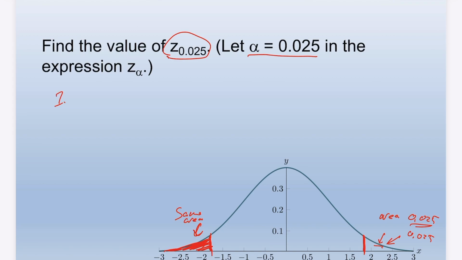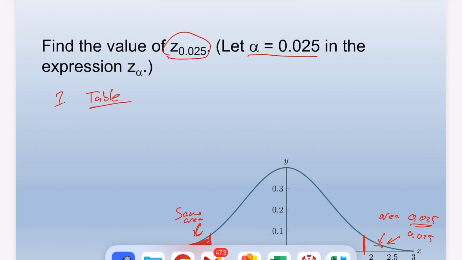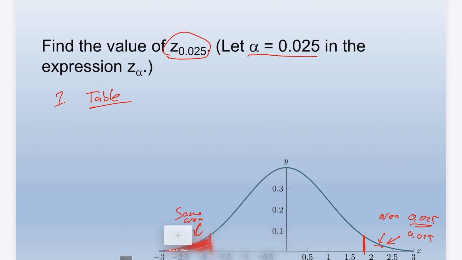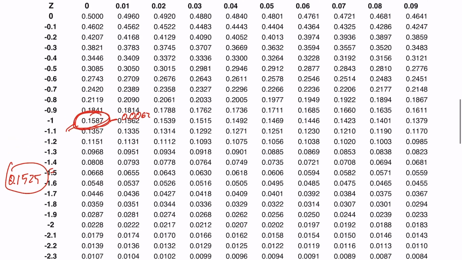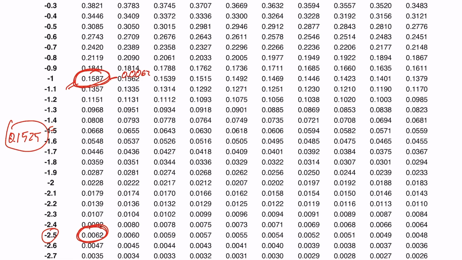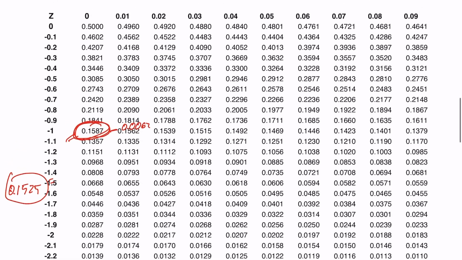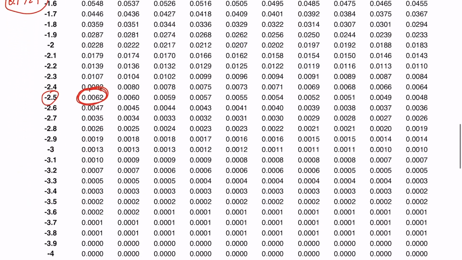So first we're going to use the table. Alrighty. So for the table, I go to other notability. Right there. All right, now I'm looking for, it's going to be negative, certainly, and the area is going to be 0.0025. So I'm looking for that area.